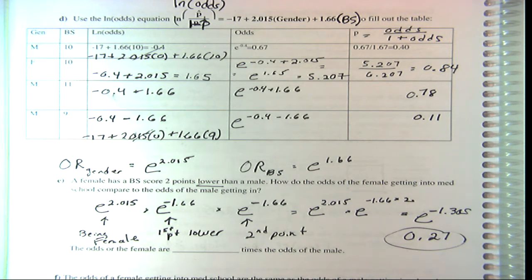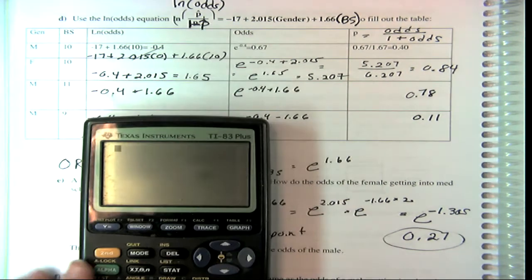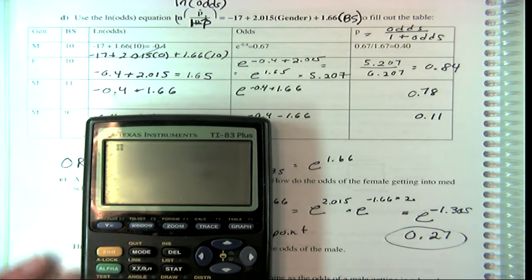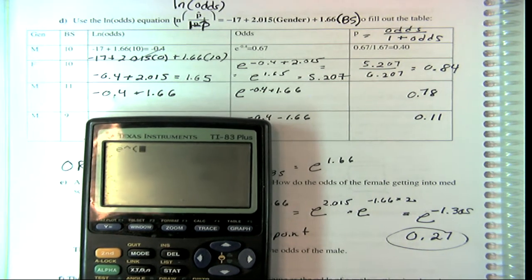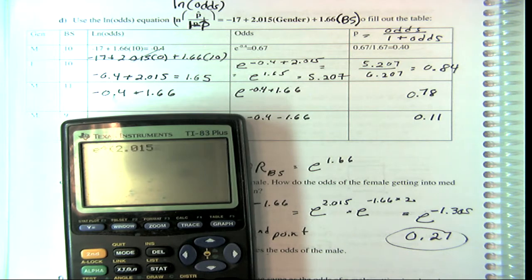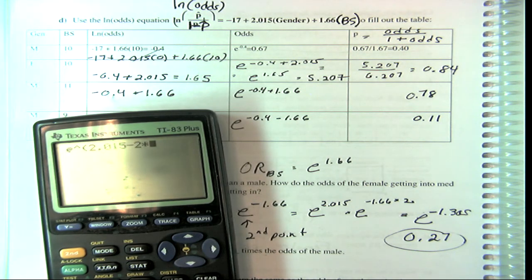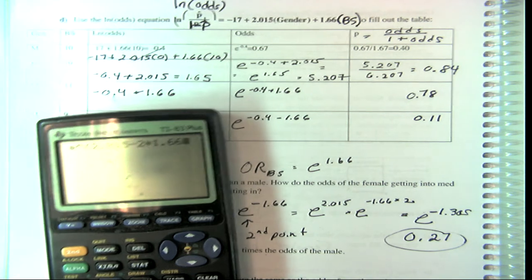You could do it on the computer. You can do it on your calculator. Let's just do it to make sure I didn't make a mistake. So we can say, okay, so we'll say e to the 2.015, right, minus 2 times 1.66.